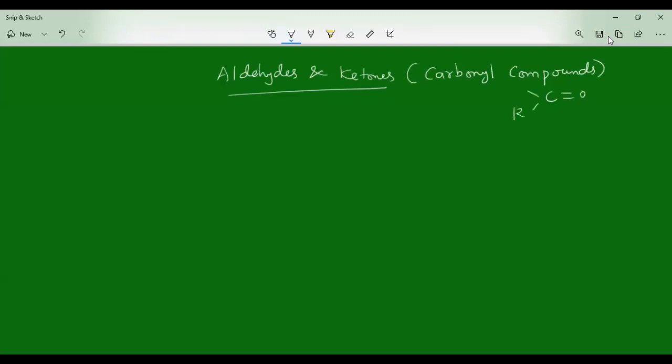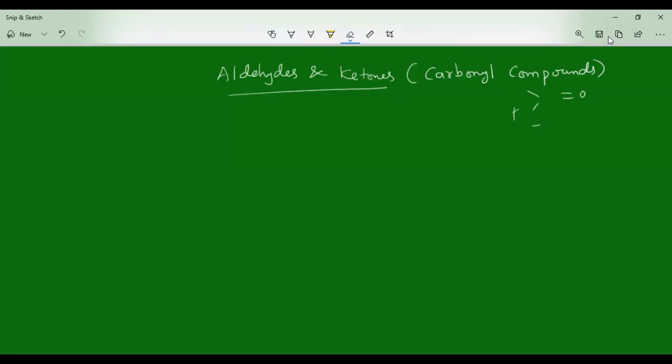If an alkyl group is attached to one valence of the carbon and hydrogen is on the other, that is an aldehyde. Where both are alkyl groups, that is a ketone. This is the general idea of aldehydes and ketones.